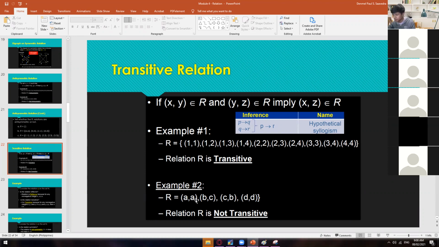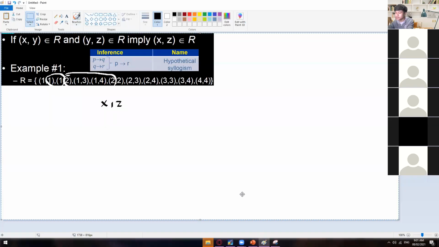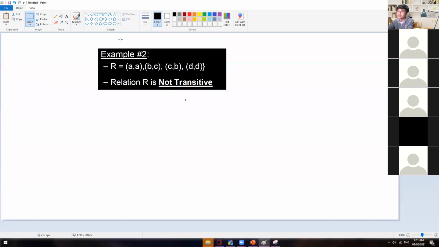How about example number 2? So as you can see right here, we have BC, and then we have CB. Let me just copy this one. So we have BC as your xy, and then we have CB as your yz.